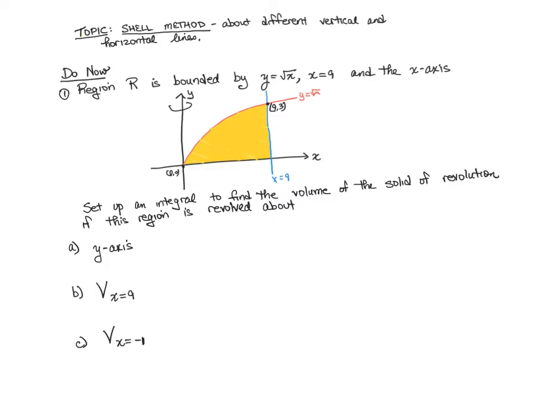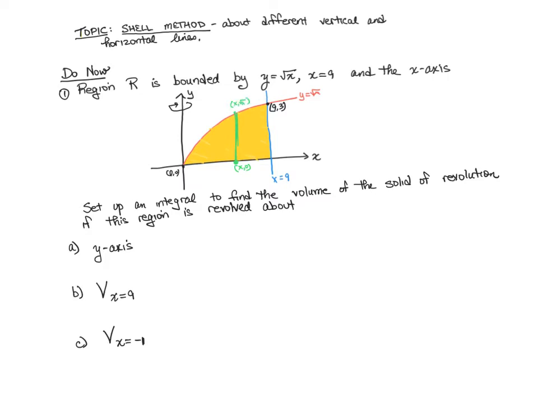With the shell method, recall that the rectangle is parallel to the axis of revolution. So in this case, we would use a vertical rectangle. Notice that the coordinates here are (x, 0) and (x, root x).